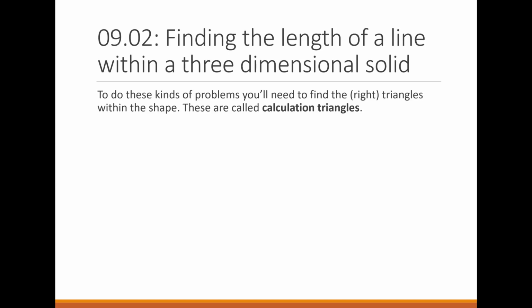What kind of triangle would be the optimal type of triangle to be making? A right triangle, where it's easy to use the Pythagorean theorem or SOHCAHTOA or a number of other tools at our disposal. Those are the best kind of calculation triangles.